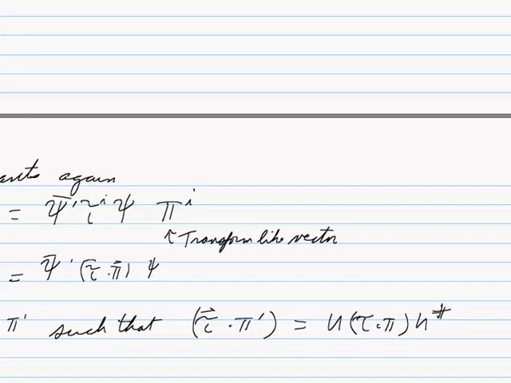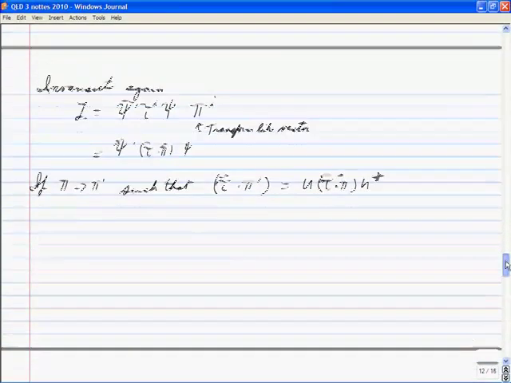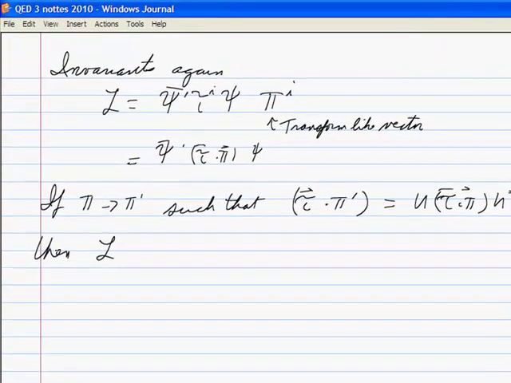Okay, so let's just assume that I'm going to do that. Then we have L goes to psi bar prime, well psi prime is U dagger.